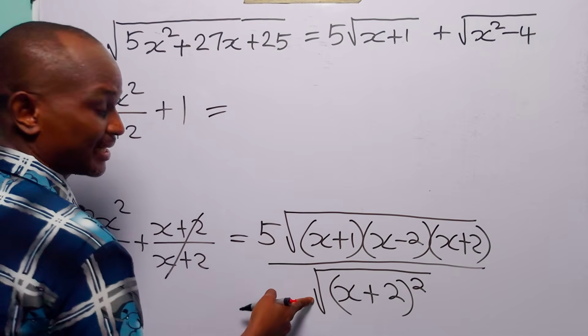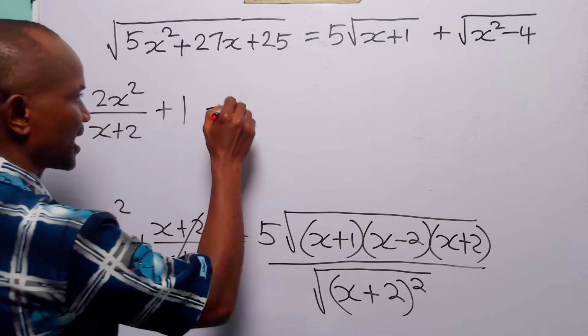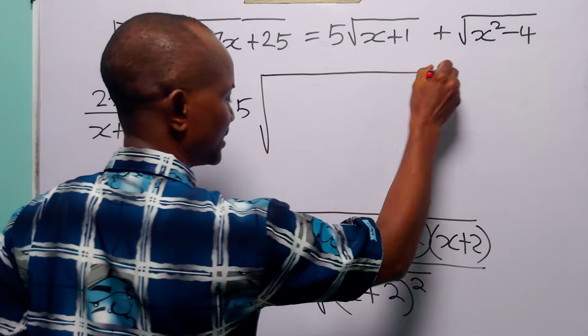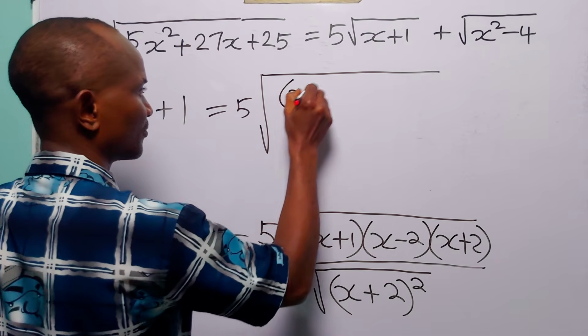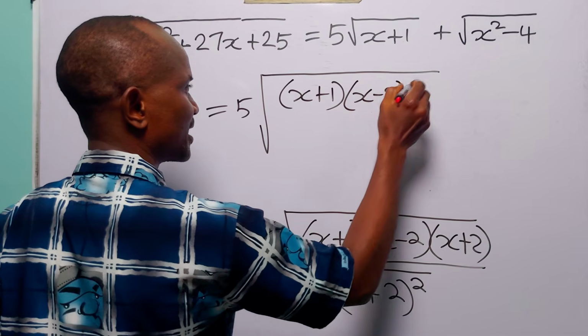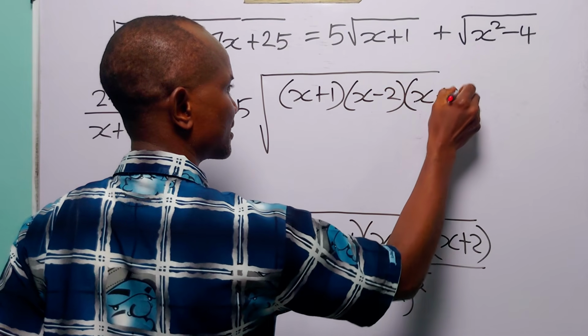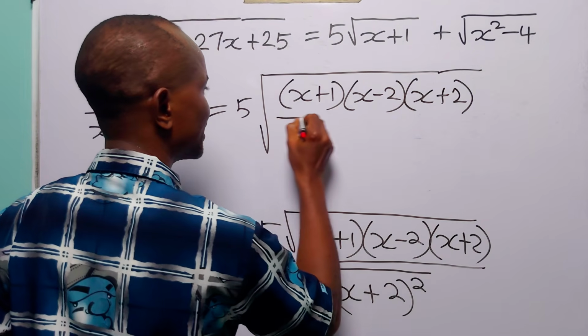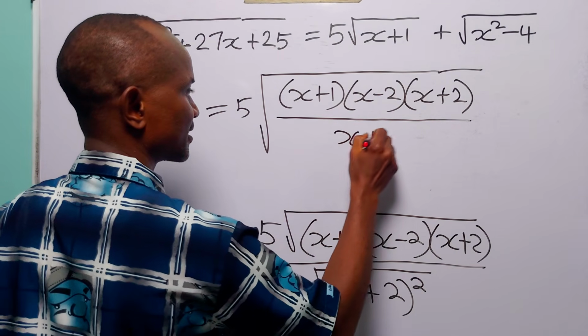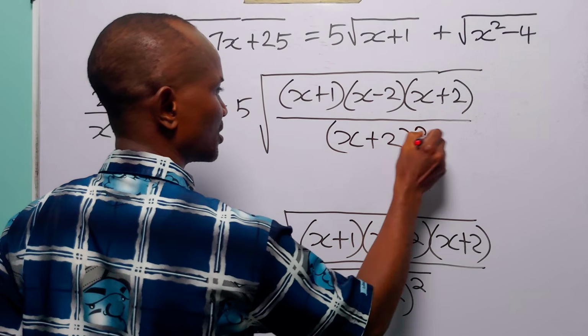Now we can combine these two square roots. We have 5 times the square root of (x plus 1)(x minus 2)(x plus 2) divided by (x plus 2) squared.